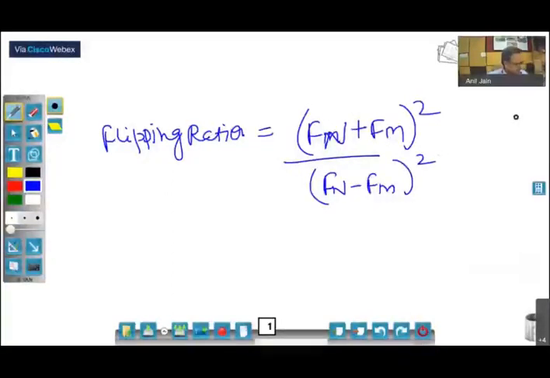And let me define gamma as Fm divided by Fn. So I can write it as 1 plus gamma upon 1 minus gamma.